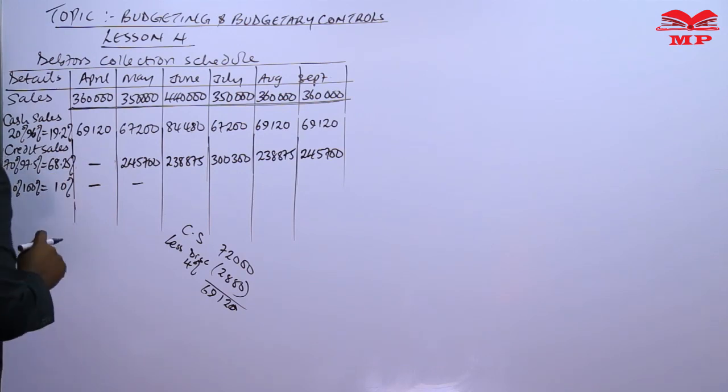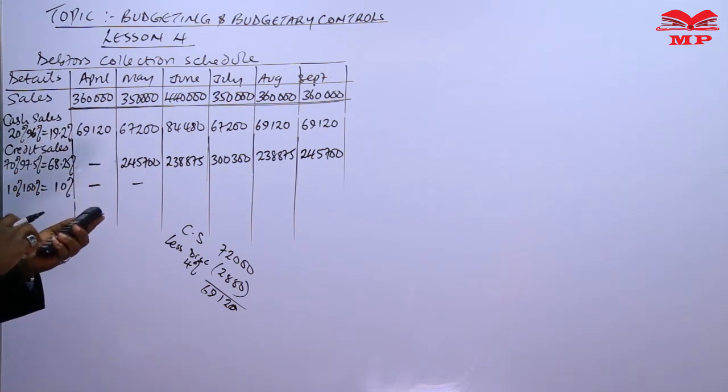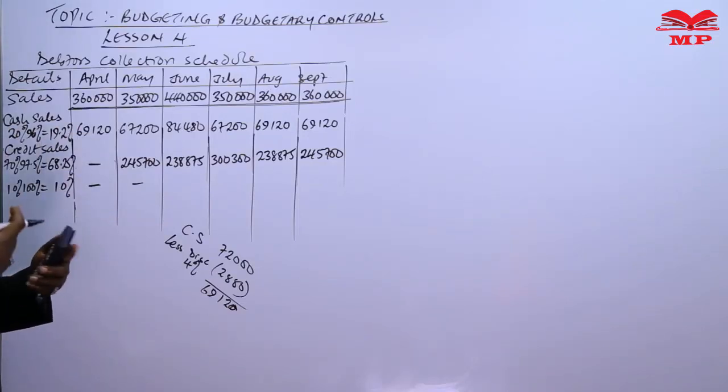I have taken 100 as total sales. I have already received 20%. Minus 20%, I have received again 70%. That is 10% remaining. 10% of 100 because we are collecting everything will be 10%.